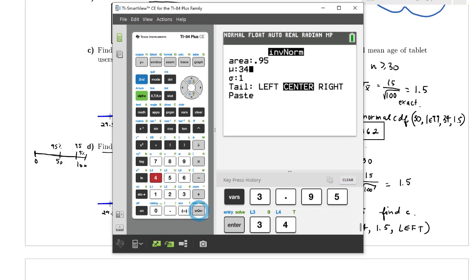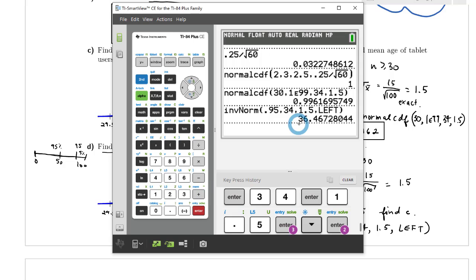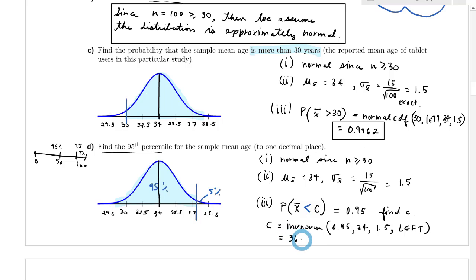And then 34 for the mean and 1.5 for the standard deviation. And notice this is going to give us the age. So this gives us 36.5. So this is the answer, right? 36.5 years old. So in this case, it's actually here, in between the first and second standard deviation away from the mean.